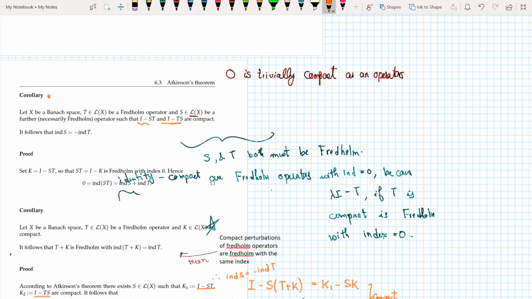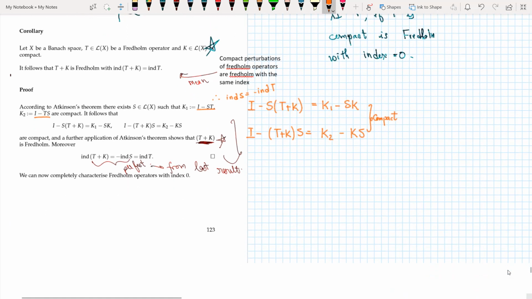And now it follows that the index of S is minus the index of T. Now it is because if I minus ST and I minus TS are compact, so I write K as I minus ST, and so ST is equal to I minus K. Now I minus compact is a Fredholm operator with index 0, and I saw in the previous theorem above that index of AB is equal to index of A plus index of B. So ST is Fredholm with index 0, so index of ST is index of S plus index of T, and thus index of S equals minus index of T.